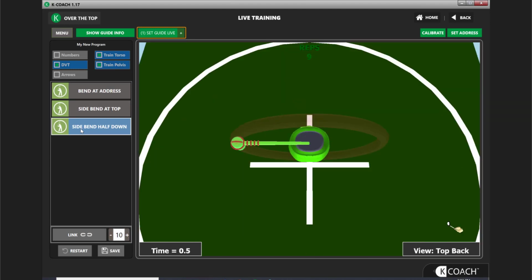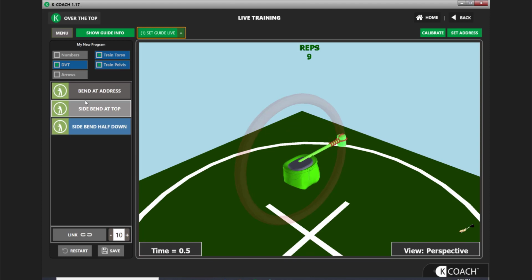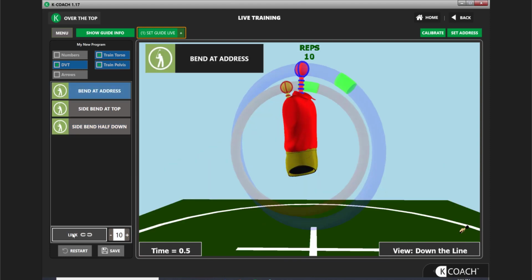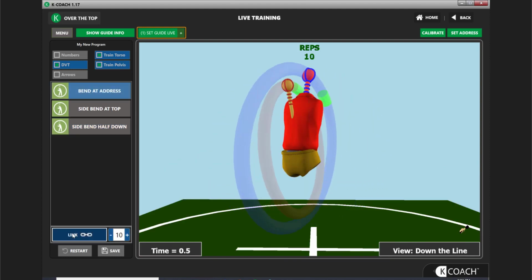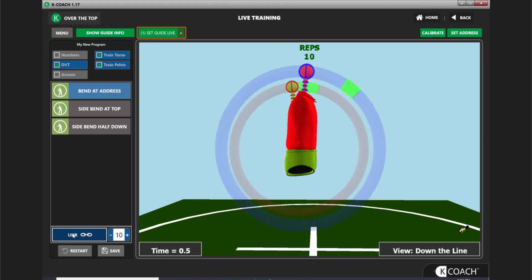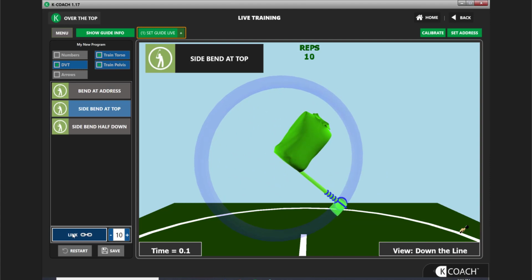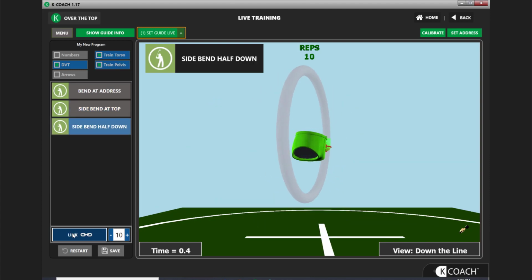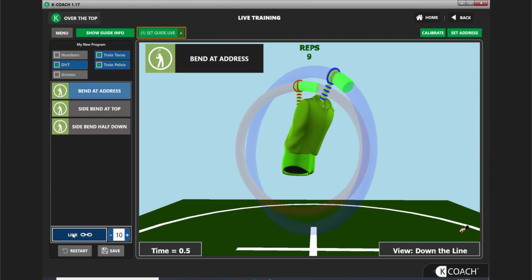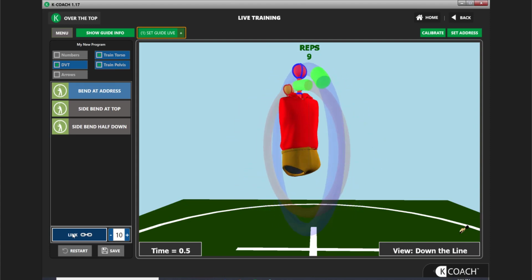V key changes the view for you. So I want that perspective view. So I'll relink them. Okay, bend, posture. And then level it out. Right? So I'm going to level out the pelvis.